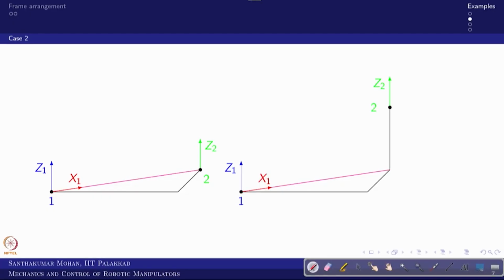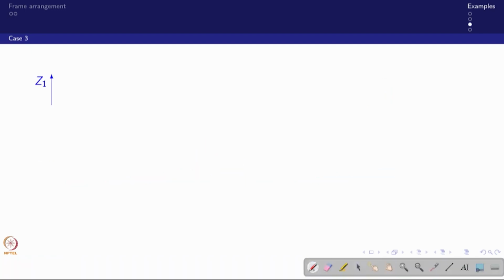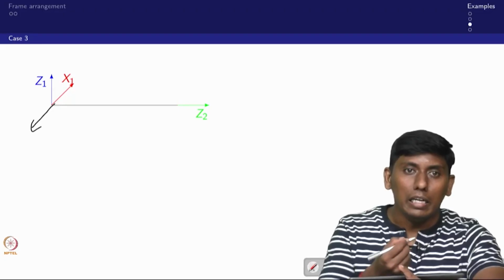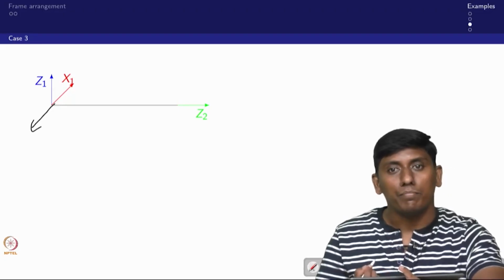Now, similarly we can see case 3. What case 3? These two are not parallel but intersecting. So, what is the easiest way? You can extend them, and where they intersect, that would be frame 1, right. That is the rule of thumb, and the normal to the plane containing Z1 and Z2 would be your x1, right. The direction can be this or this. We are conveniently taking the one which we are putting inside, right.